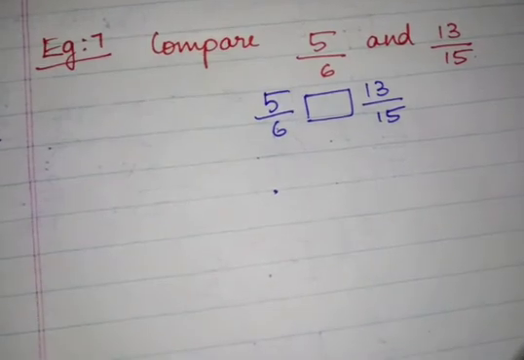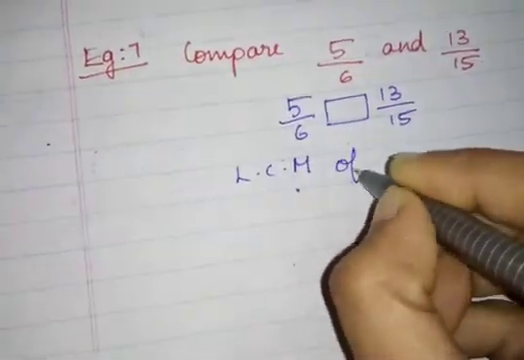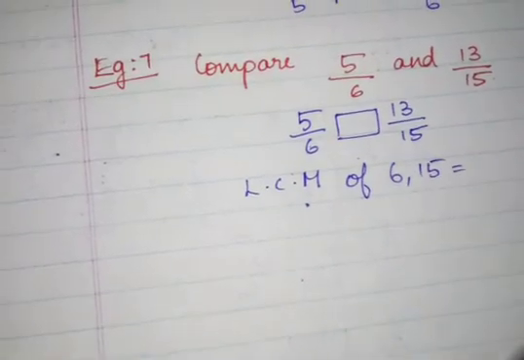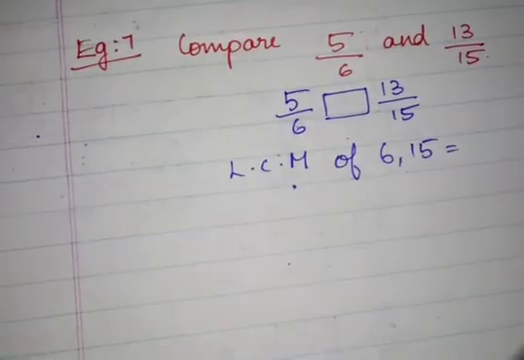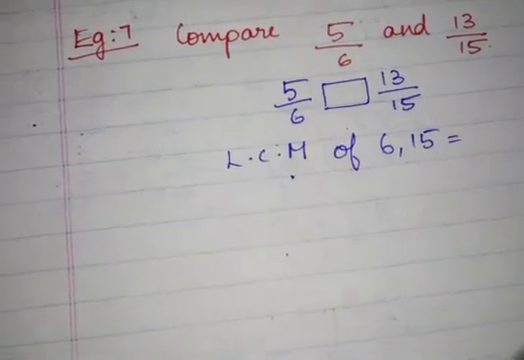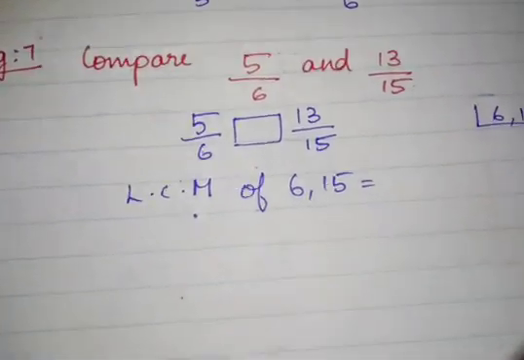How will you make it the same, children? By using the LCM. So the LCM of 6 and 15, I should find. Only then can we make both the same denominator. This you know, right? So first I am doing the LCM of 6, 15.